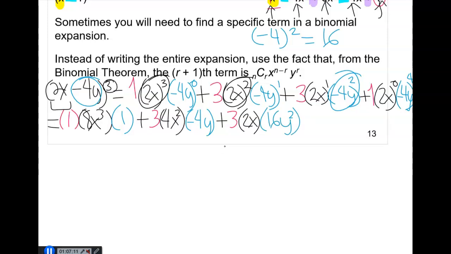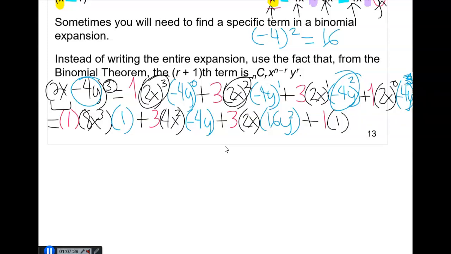And then for our last term, the binomial coefficient is a 1. And then we have 2x to the power 0, so that's a 1. And then negative 4. And, oh, I made a mistake. That should not be a 4. That should be a 3, because that's what the binomial expansion is telling us to do. So this should be a 3.